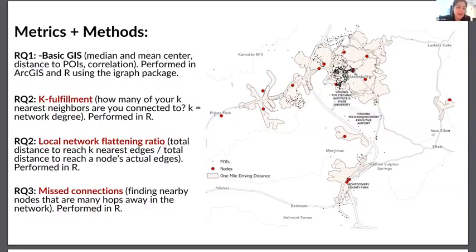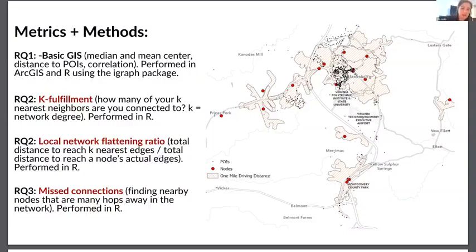The local flattening ratio is similar, but instead of two integers, we get two continuous values. This is the total distance to reach your K nearest neighbors divided by the total distance to reach a node's actual neighbors. So it's summing up the distance it would take to reach my K nearest neighbors and dividing by the total distance to reach my actual neighbors.